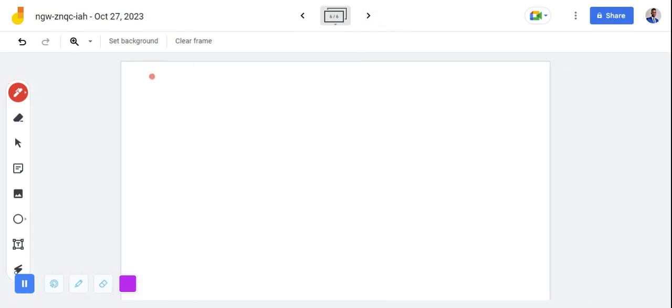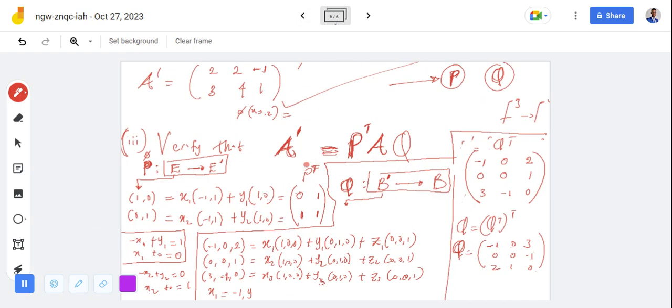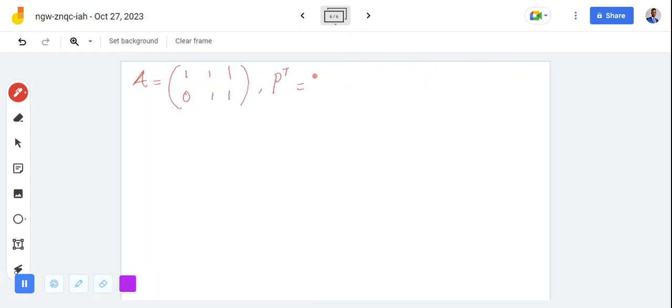So now let's check. Recall that my matrix A is 1 1 1 0 1 1. My PT, I have it as 0 1 1 1 0 1 1 1. And my matrix Q that I just got is minus 1 0 3 0 1 1 2 1 1.